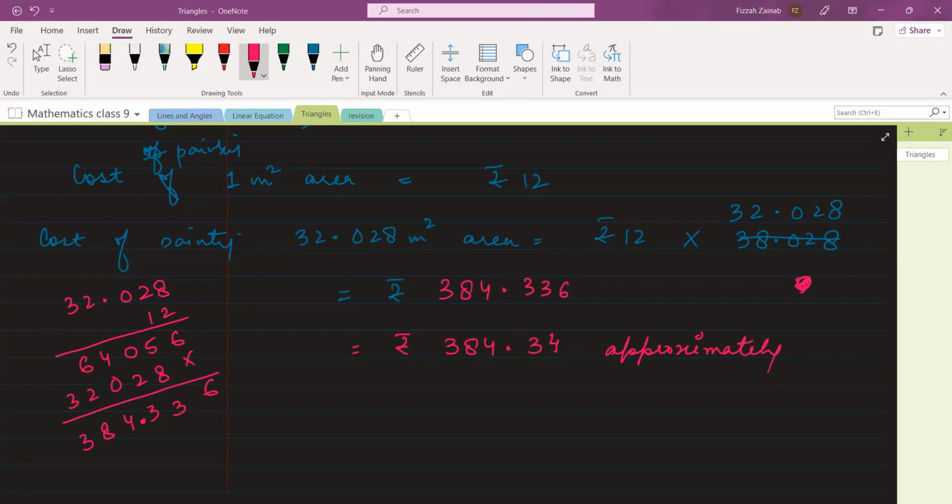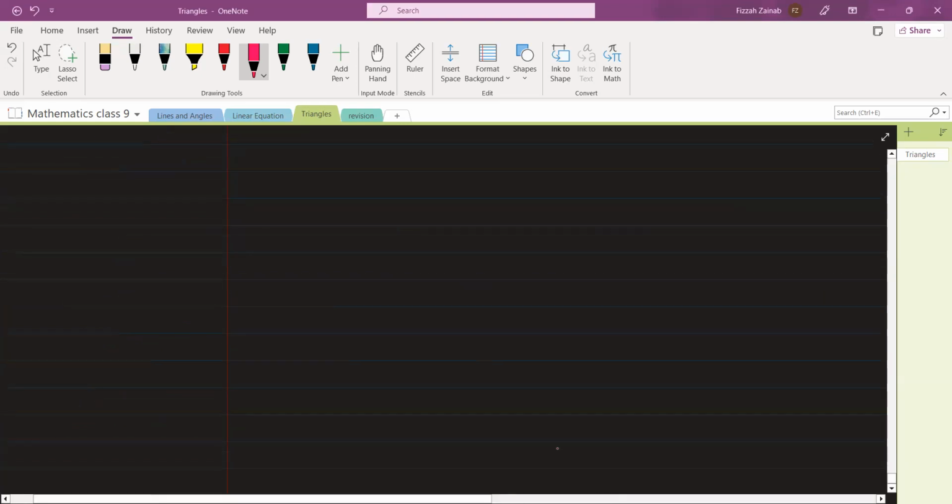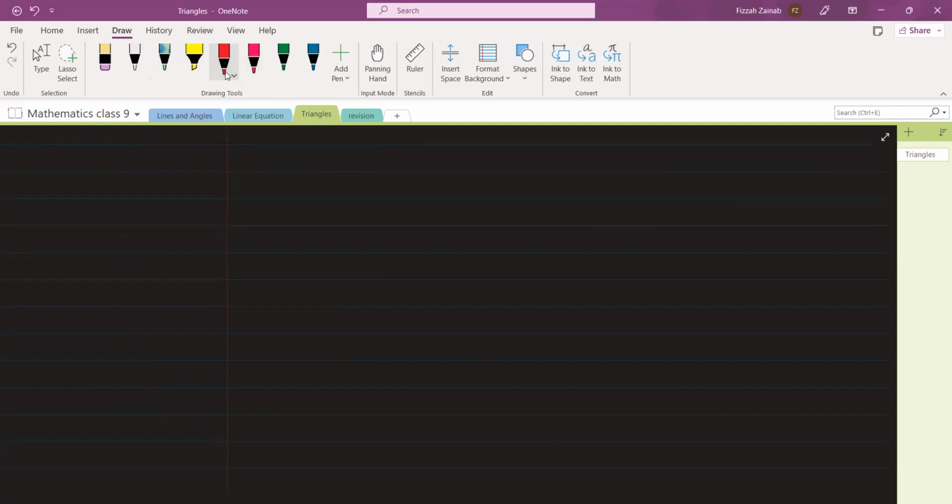Okay, so let's move to the next exercise, number 13.4. So again, recap. So far we are interested in finding surface areas, right?